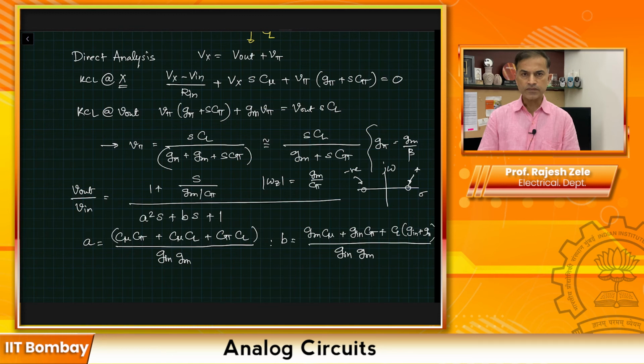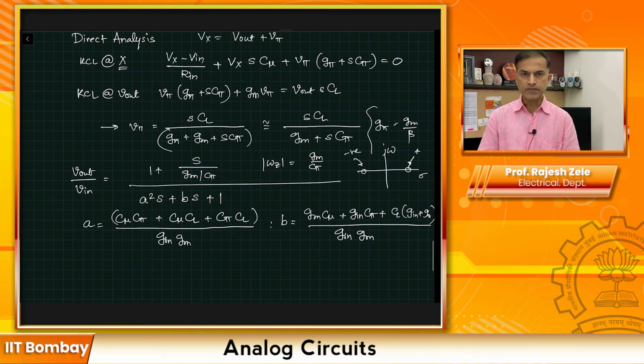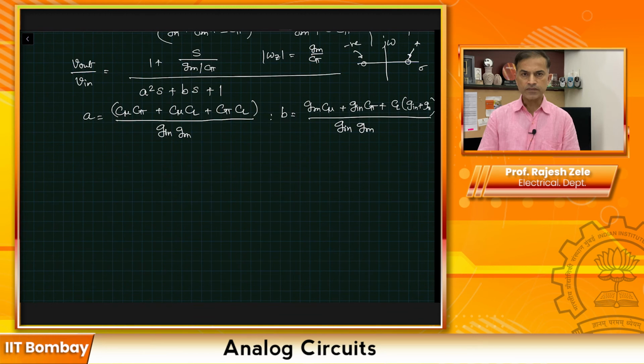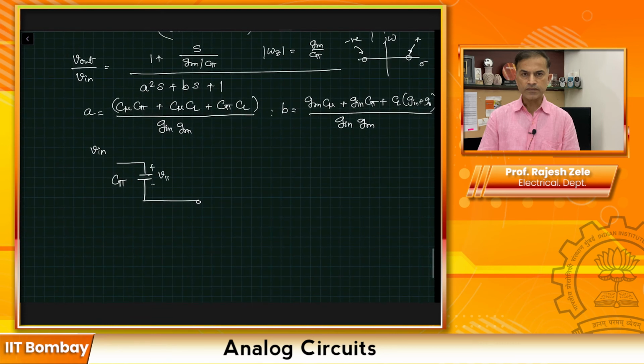So this is all the brute force KCL KVL analysis that we have done. And now I will show you the trick that I have taught you earlier. Using that, you can also figure out the same location of the zero. If you remember, we have a capacitance going from input to output. So this is our V input, and the capacitance value is C pi, with plus minus V pi across it, and then we have this output V out where we have a current flowing like this, Gm times V pi, and there is some R and C, some Z, connected from V out to ground.